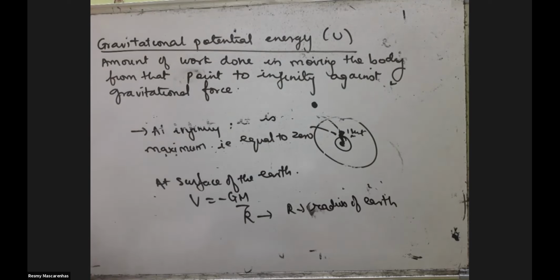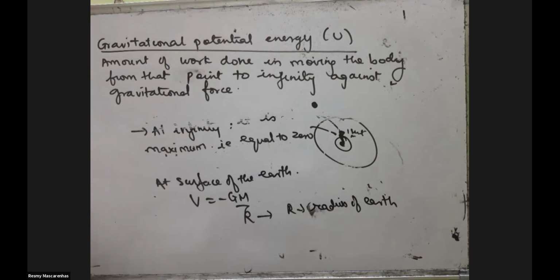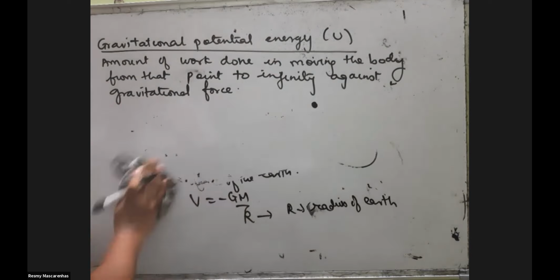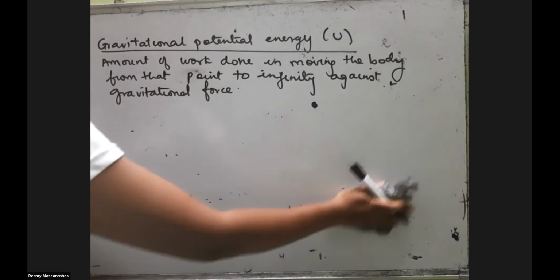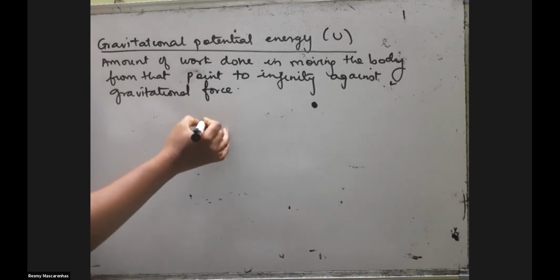It's basically the same thing. Only when you store it, means it's held on, it is kept stored, then the word used is potential energy. Gravitational potential and potential energy are basically the same, and the formula anyways is the same.